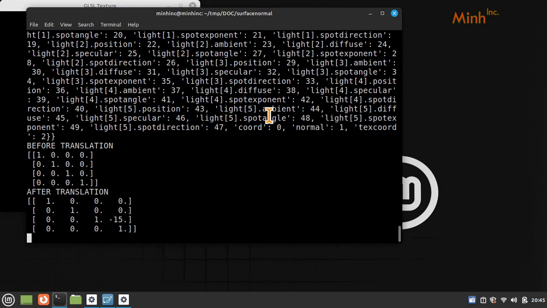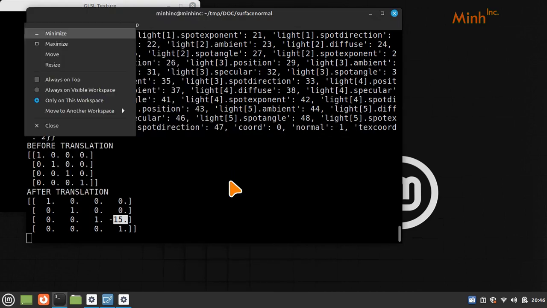Okay, so far better. Now it is a unity matrix, whereas after the translation we can see x, y and z. The z component is minus 15 because I did a translation of minus 15. Okay, so this is the story.